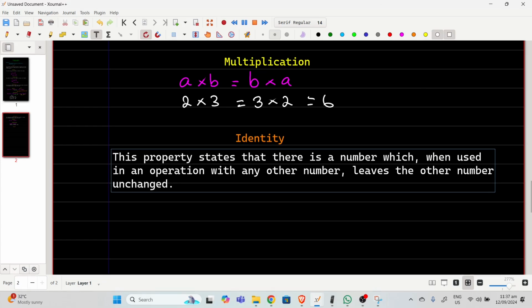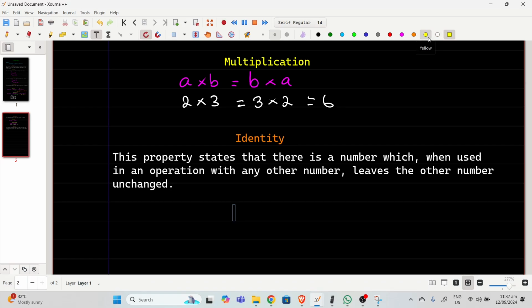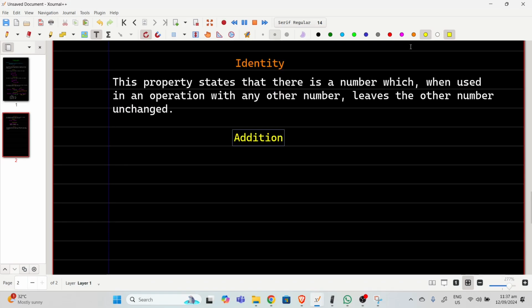Let's say, for example, we're looking at addition again. We want to find the number which, when added to any other number, results in the same thing. This is the additive identity.